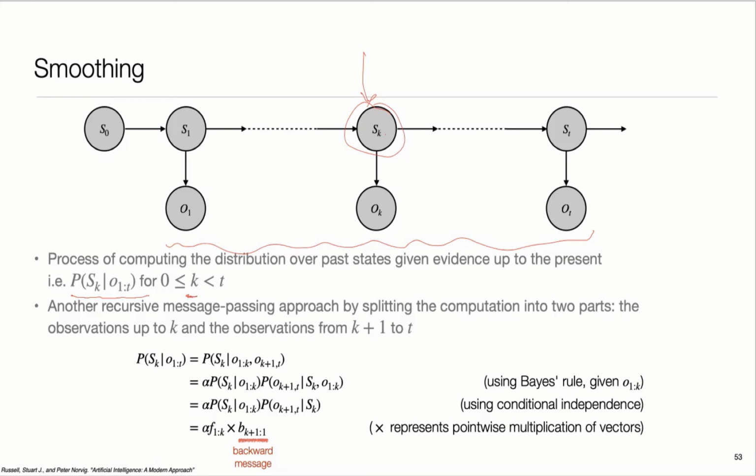And here again, you'll see a pattern emerging that we will make use of a recursive algorithm, except instead of a forward-only recursion, we will go from state 0 in the forward recursion, and we are also going to go from the final state backward in a backward recursion, and the two will meet. Otherwise, it's a very similar concept, and the structure is very similar as before. So we have probability of Sk given observations 1 through t.